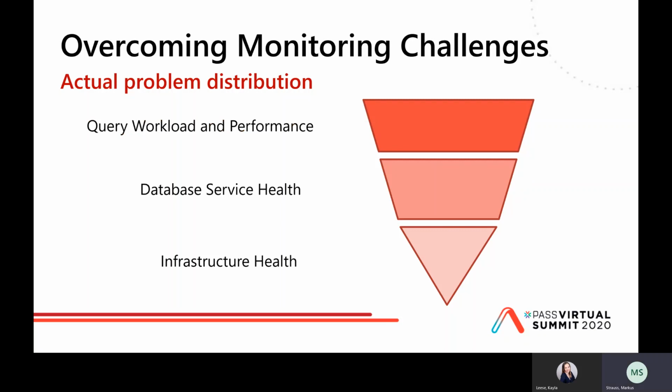If my query workload, i.e. the SQL I'm sending to the actual instance, is not well designed, it can cause all sorts of problems. And I'm sure we all know that.